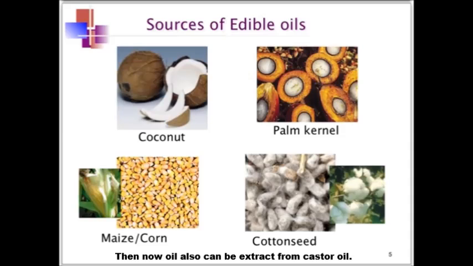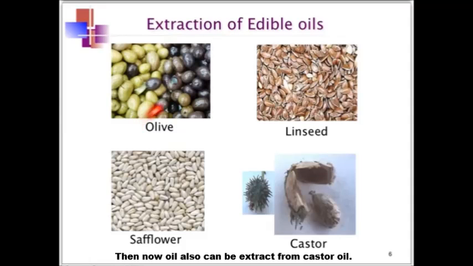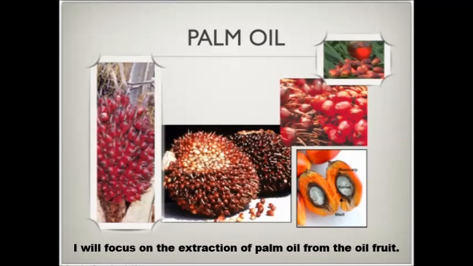Then oil also can be extracted from corn, from cotton seed, from olive, linseed, sunflower, safflower, and from castor oil. I will now focus on the extraction of palm oil from the oil palm fruits.